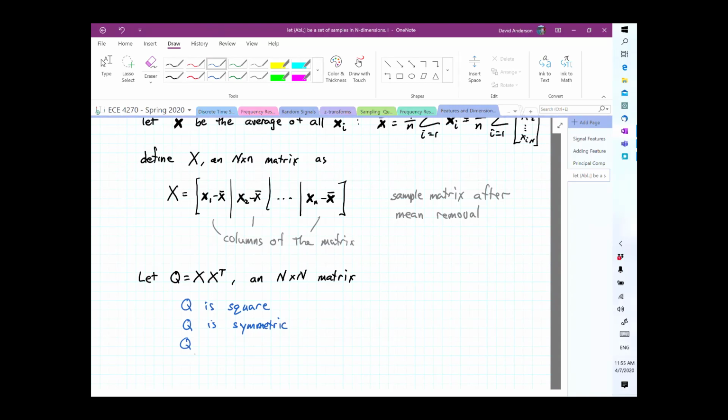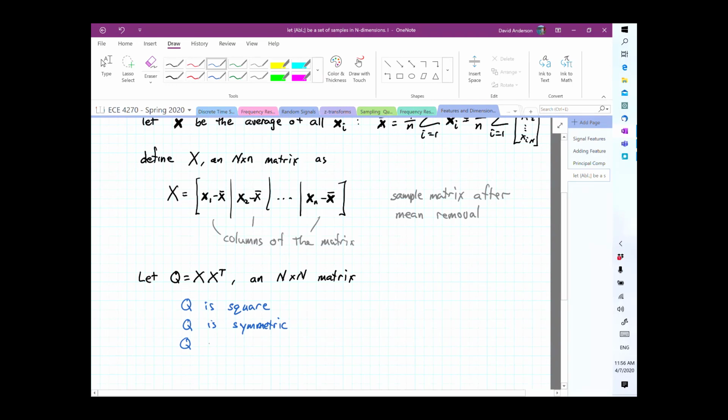We have the mean removed x1 times x1 on the diagonal, and then that row continues with x1 times x2, x1 times x3, and so on. If we were finding the expectation, this would be a covariance matrix.